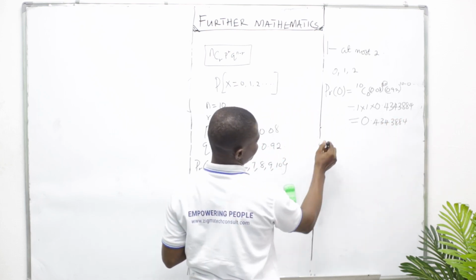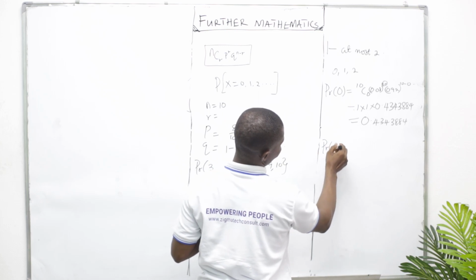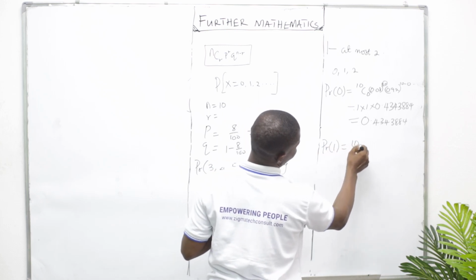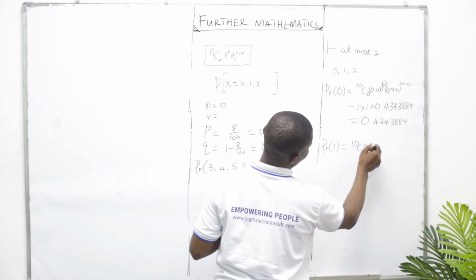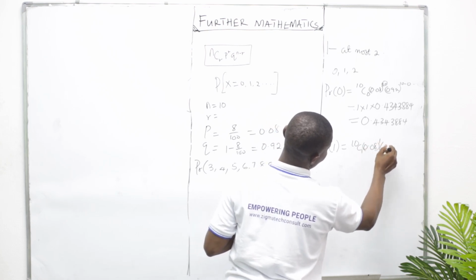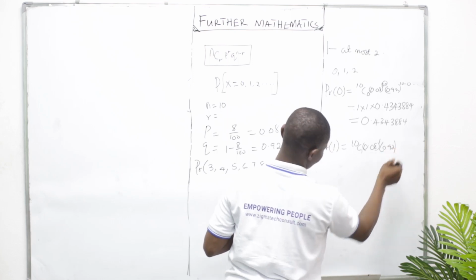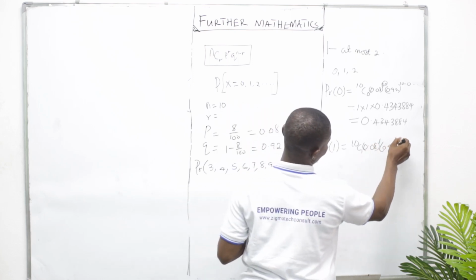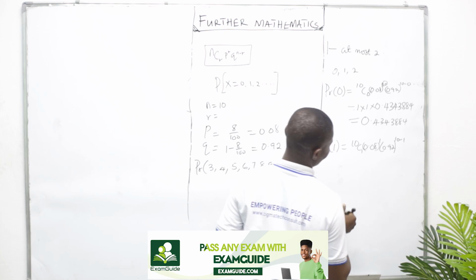The second one, probability of 1: 10 combination 1, multiply by 0.08 raised to power 1, multiply by 0.92 raised to power 10 minus 1.